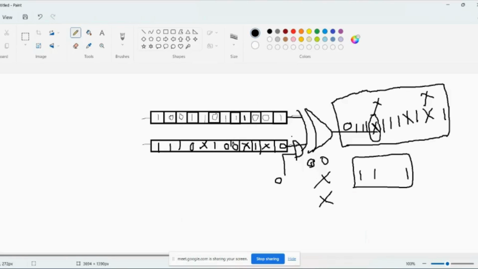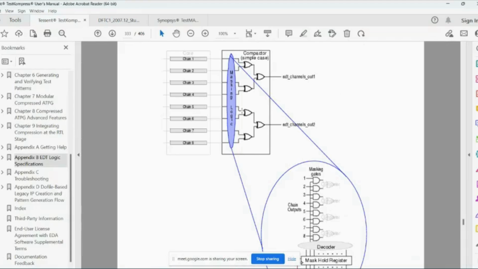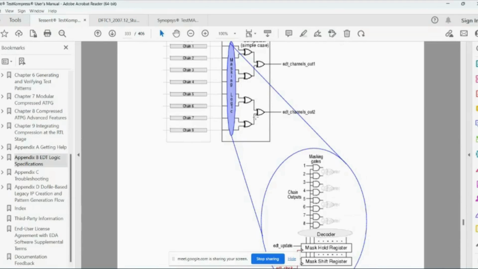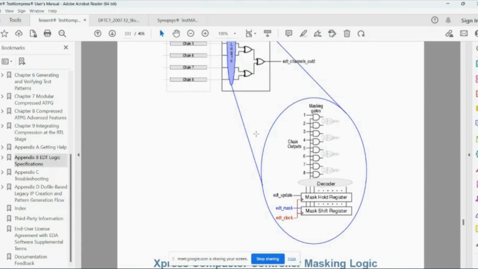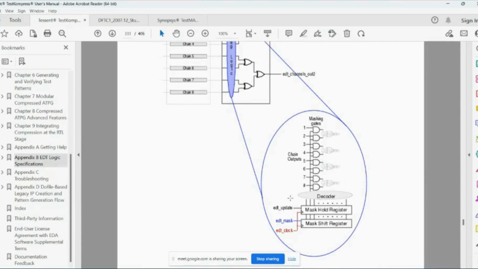That also we'll discuss. So till this part, everybody understood? Yes, sir.